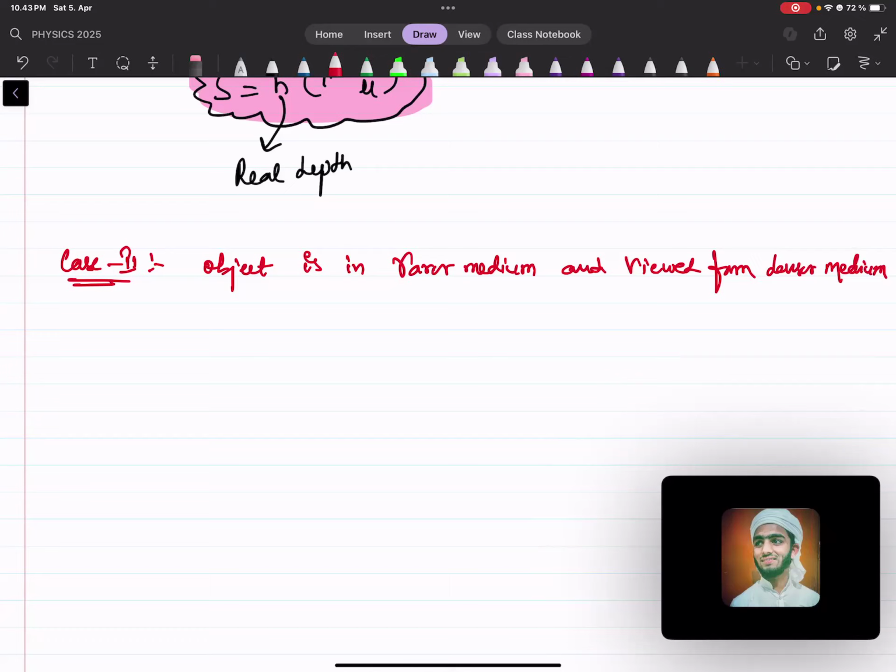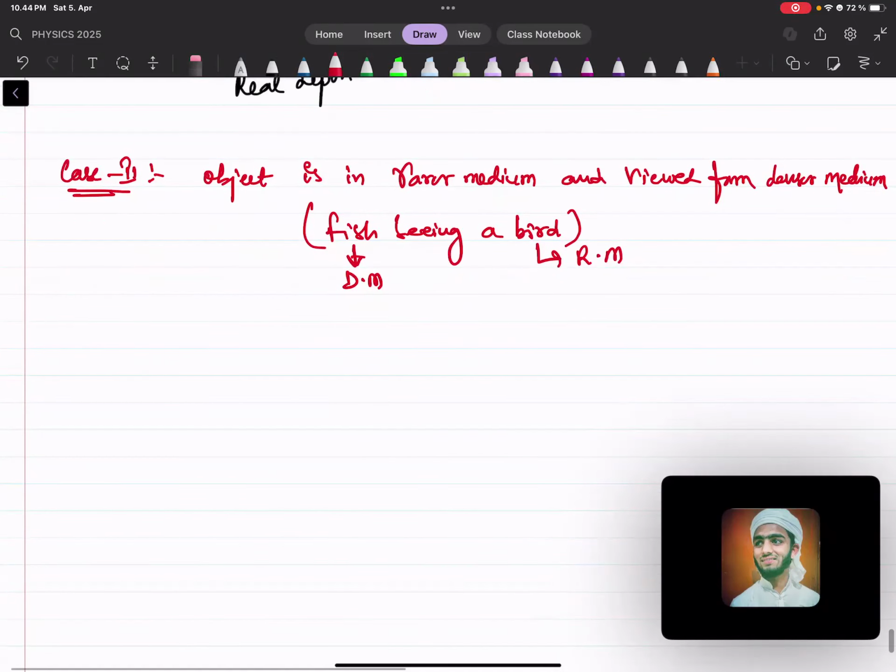A fish seeing a bird. The bird will be in the rarer medium and the fish will be in the denser. Clear? So the object is in the rarer medium. If I take the diagram like this, this is your surface, and this is your medium.